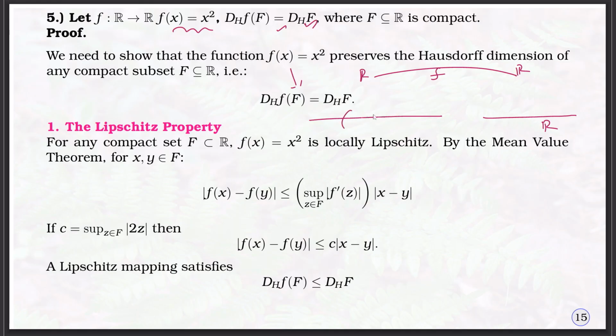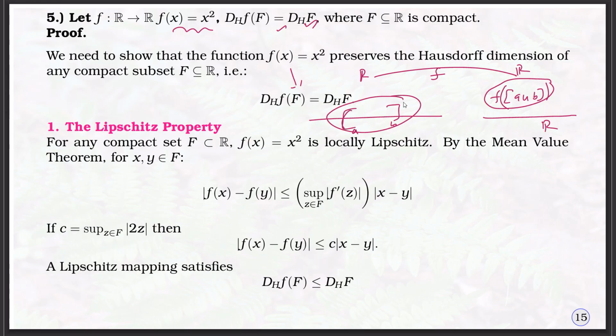If you are taking any compact set here, maybe any interval, the interval a to b, you can take it as a compact set, then find the image f of a to b. Then if you are finding the Hausdorff dimension of this set, it is equal to the Hausdorff dimension of the original set, that means under this mapping f, the Hausdorff dimension of the set is unaltered. That means f preserves the Hausdorff dimension of any compact set.